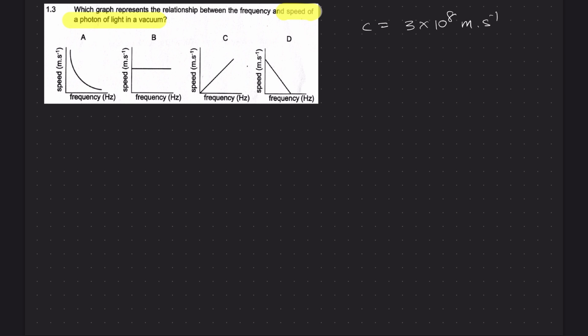And this is for all wavelengths, for everything in the electromagnetic spectrum. So since this is a constant value, it will not change if the frequency changes.